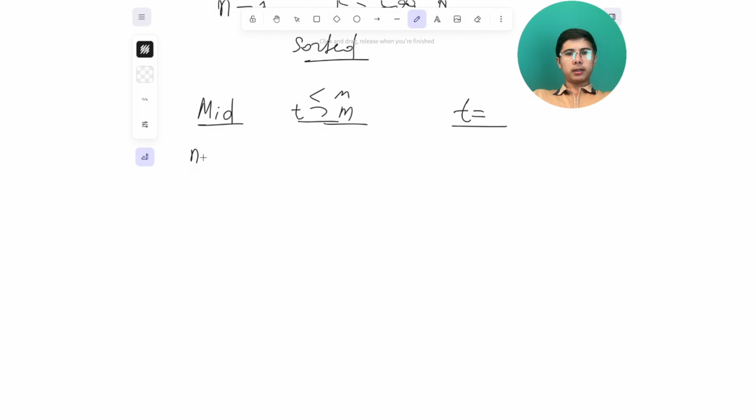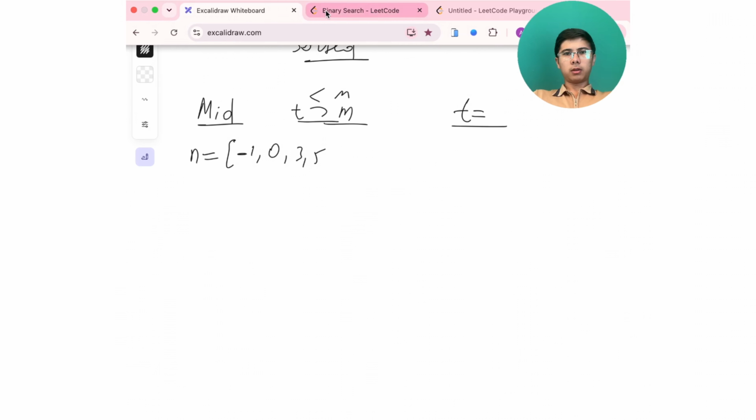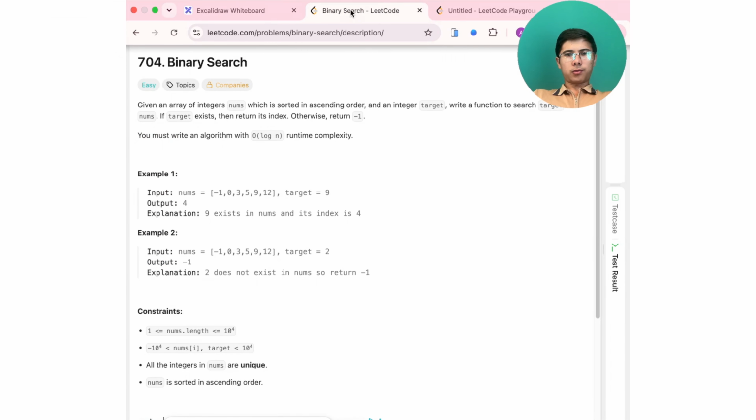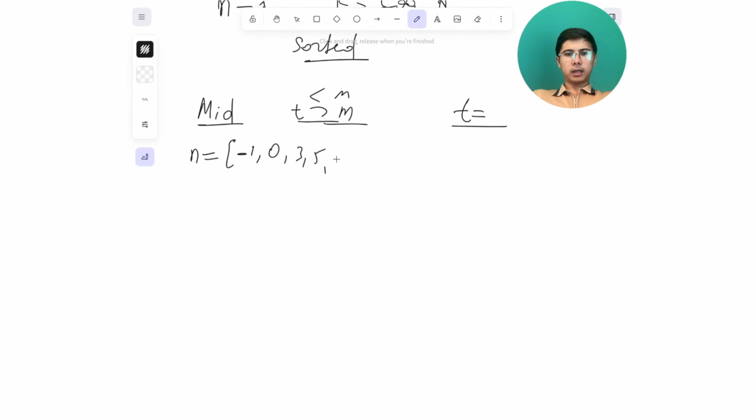We can take the example from LeetCode's array, which is nums: -1, 0, 3, 5, 9, 12. The target is 9, and the output needs to be index 4. So we mark the left side and the very right side.